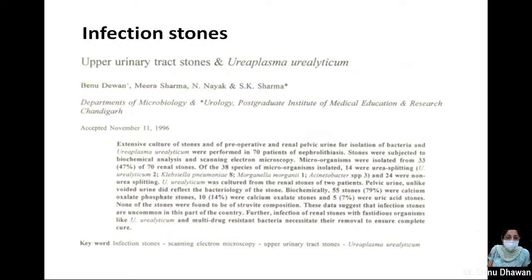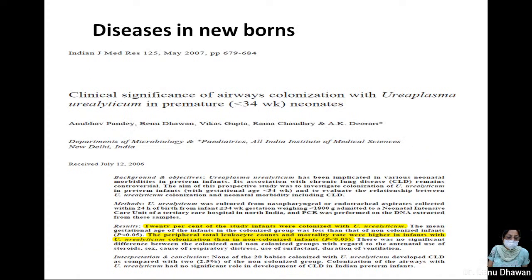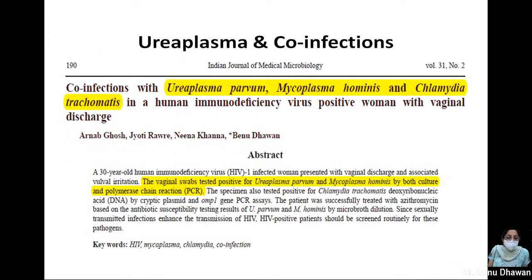This was another study from India on Ureaplasma as a cause of upper urinary tract stones, then Ureaplasma as a cause of clinically significant disease in newborns, then co-infections of these agents together with Ureaplasma, M. hominis, and Chlamydia trachomatis in an HIV positive woman with vaginal discharge.